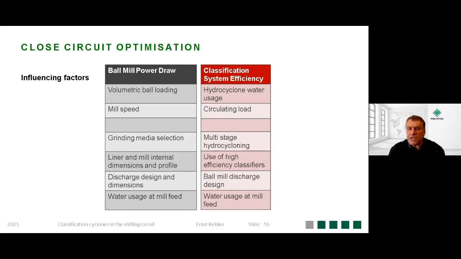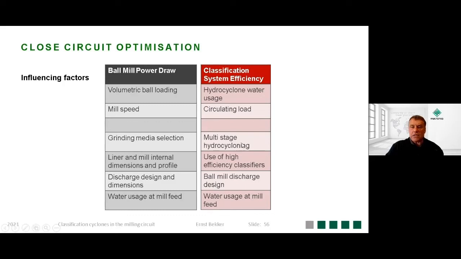Then on classification system efficiency, the hydrocyclone: for water usage, add water if possible, because we want the feed density of the cyclone to be as low as possible. The reason is we reduce misplacement to the overflow and fines to the underflow. We don't want to send unnecessary fines back into the mill. Then there's the circulating load, running at the optimum circulating load.